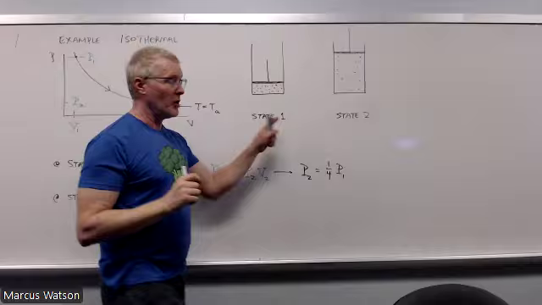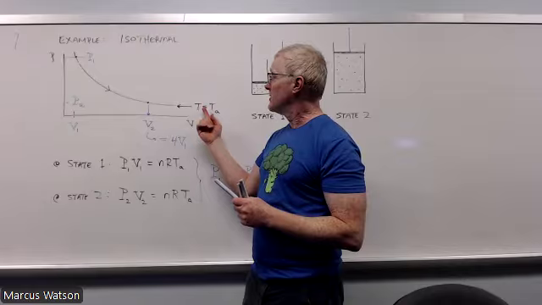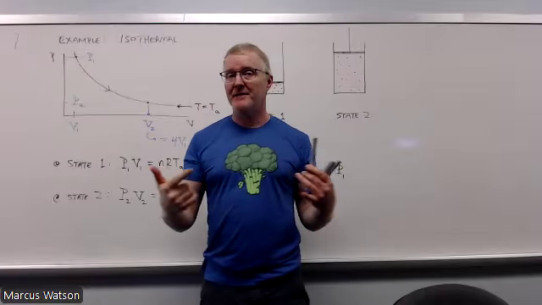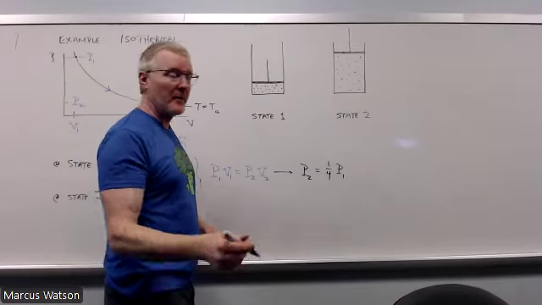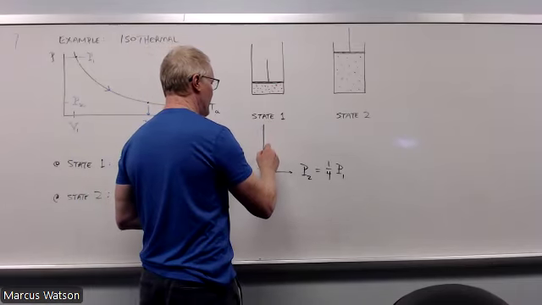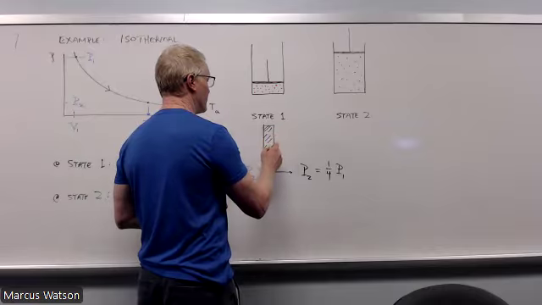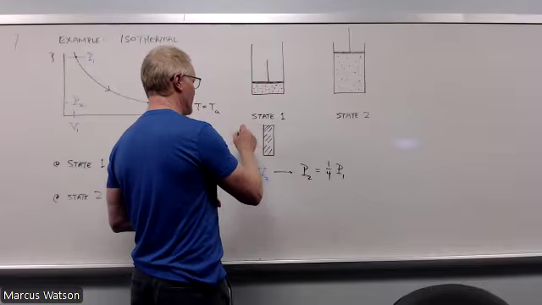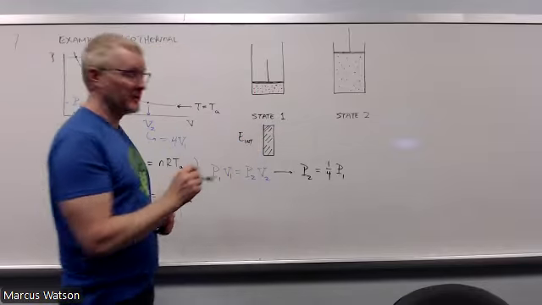But notice we want the temperature to remain constant. That means the internal energy of the gas should also remain constant. Okay, so if I'm thinking from a bar chart standpoint, I should have a certain amount of energy here. Right? This will be the internal energy at state 1.